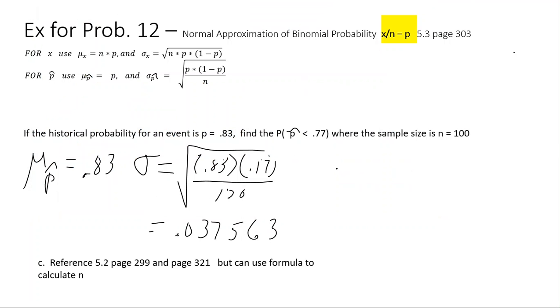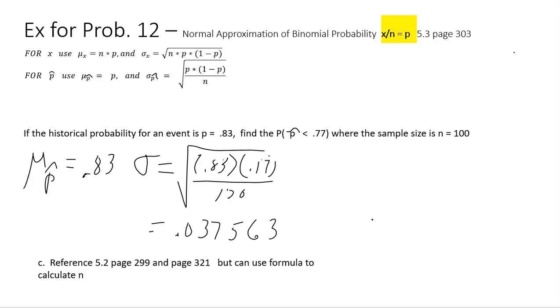So that's the kind of thing that I want you to take a look at: finding that and using that approximation. Now, Part C is a little bit different. There's two ways to look at Part C. One of the things it says on page 299, or 321, is that if you want to decrease the standard deviation of a sample, you have to increase the sample size by the power of that.